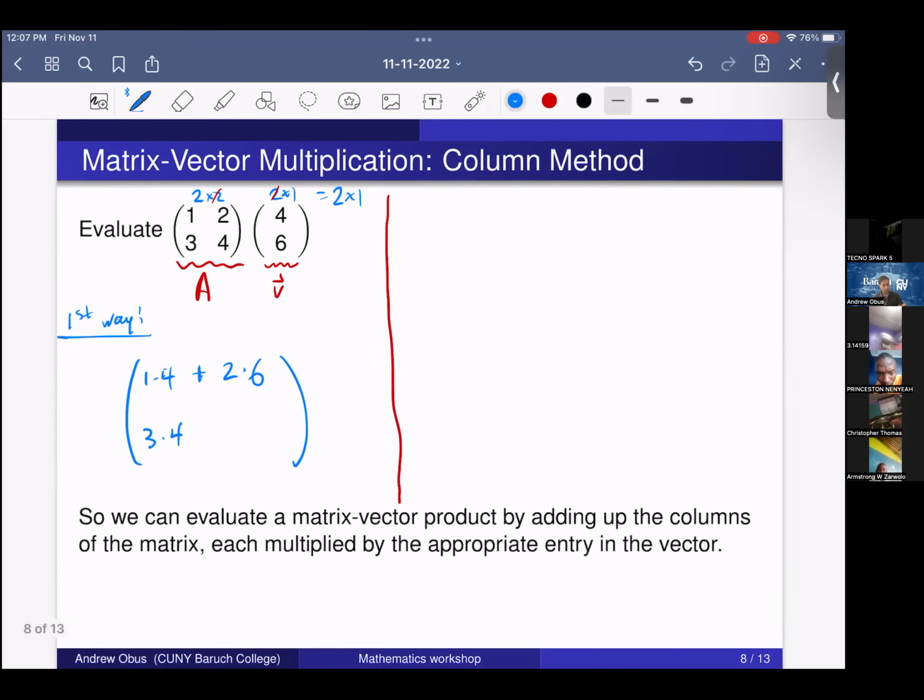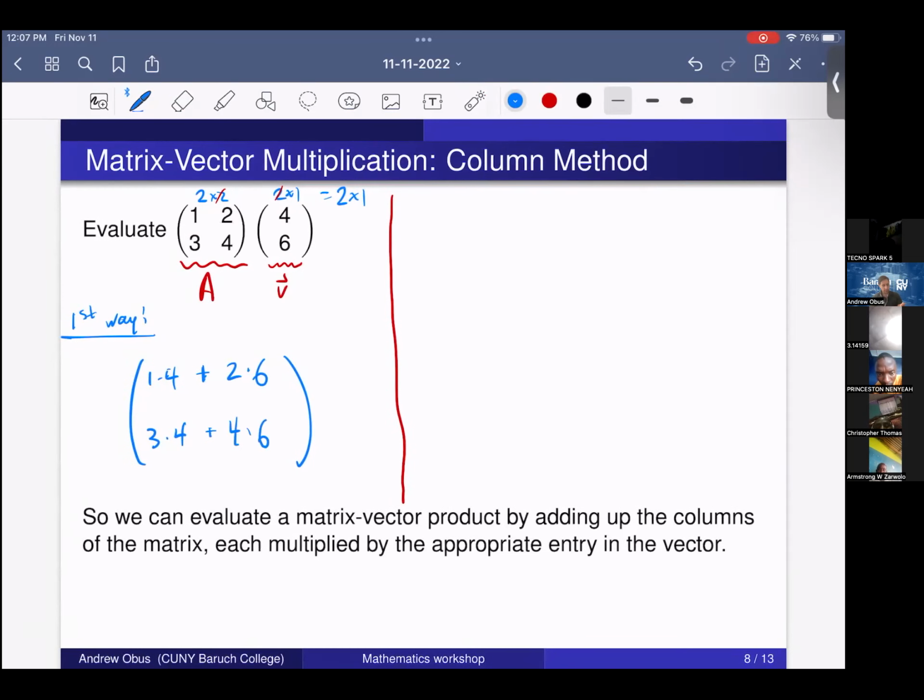So we get 3 times 4 plus 4 times 6. This simplifies to 4 plus 12 is 16, and 12 plus 24 is 36. So the answer is 16, 36.